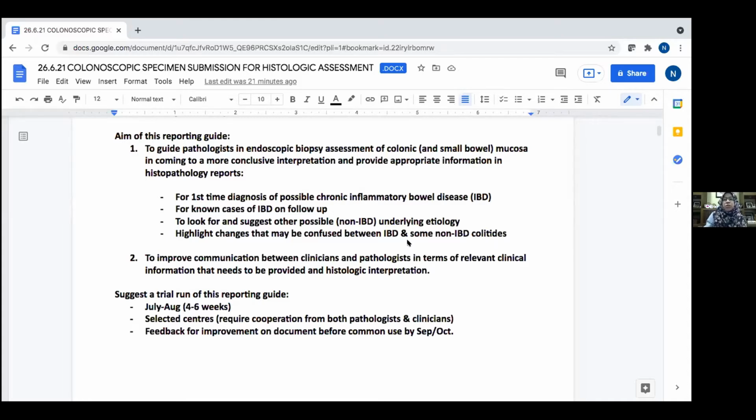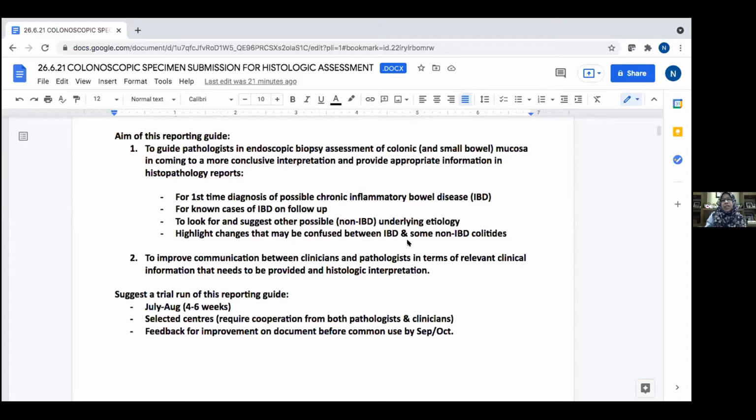It also suggests other possible non-IBD underlying etiologies: if it's not IBD, what else could it be? Or if it is IBD, you may have secondary pathology resulting in a worse clinical presentation in such patients.